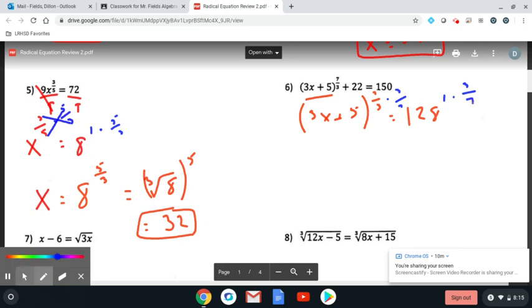So then when we do that, the left side is just going to be 3x plus 5. And the right side is going to be 128 to the 3/7.